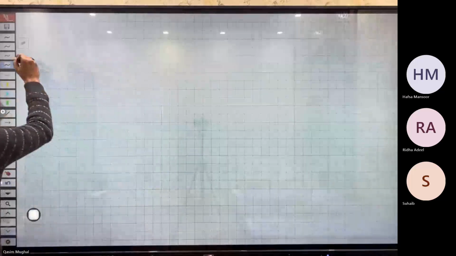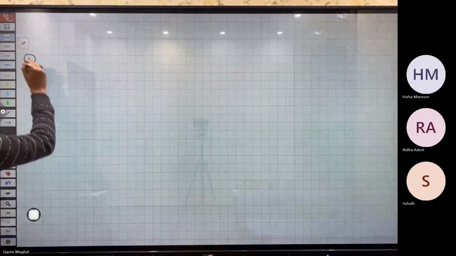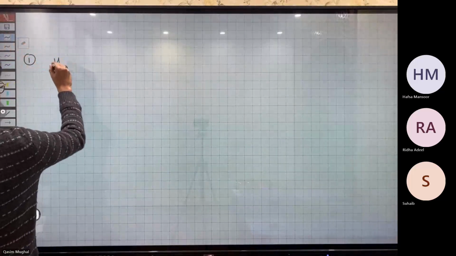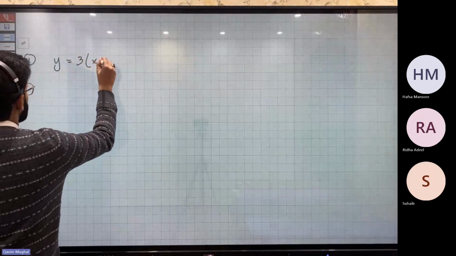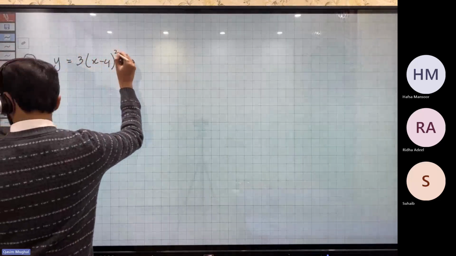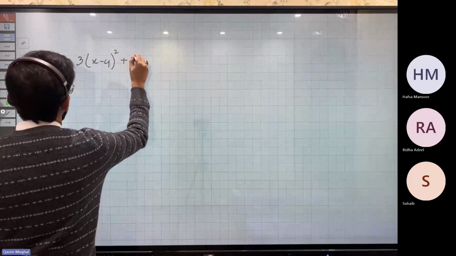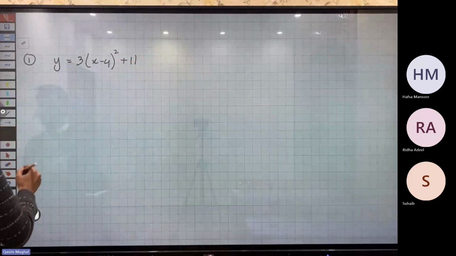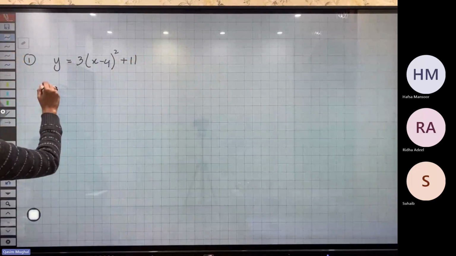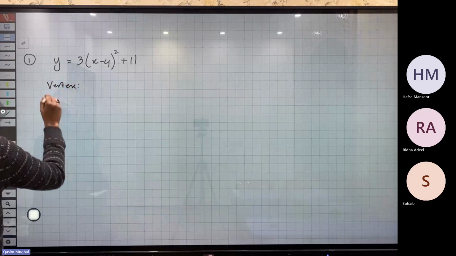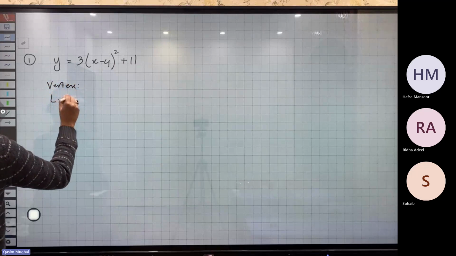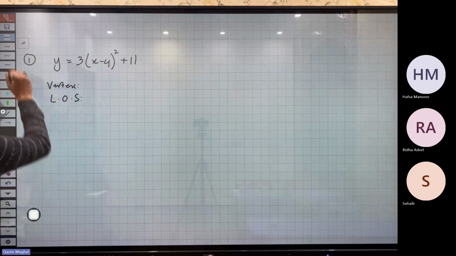Let's begin. First of all, y equals 3 into (x minus 4) whole squared plus 11. I want you to write down the coordinates of the vertex, and also the equation for the line of symmetry for this one.